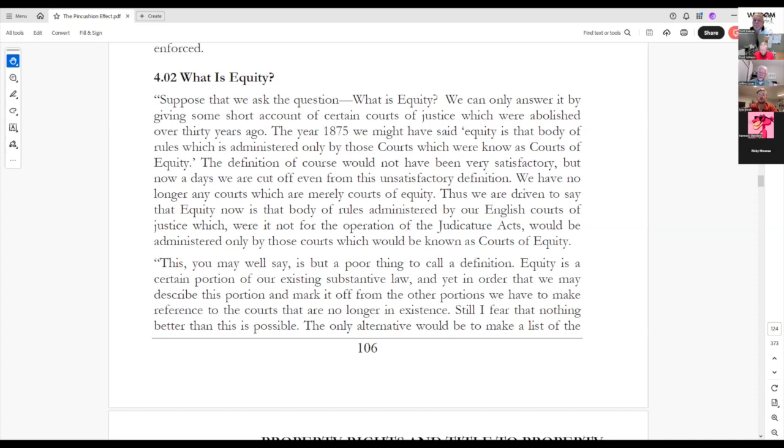But here in the United States of America, some of the states have set up two separate courts, the law courts and the equity courts. My state has probate courts; those are the equity courts. Tennessee, just north of us here, has chancery courts and law courts.